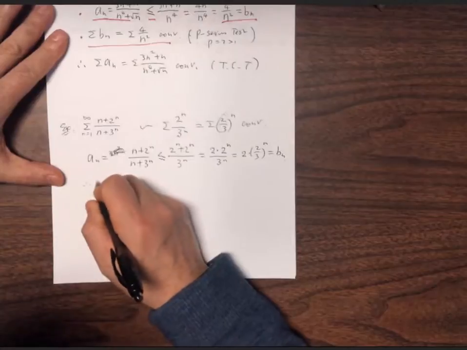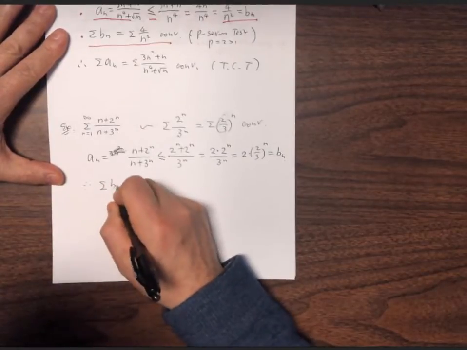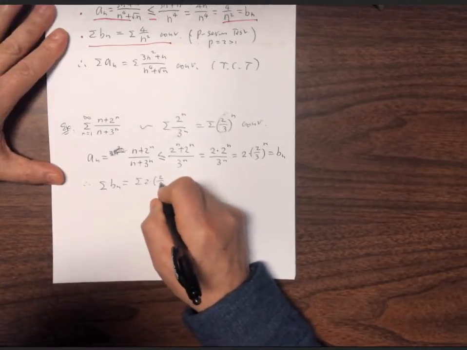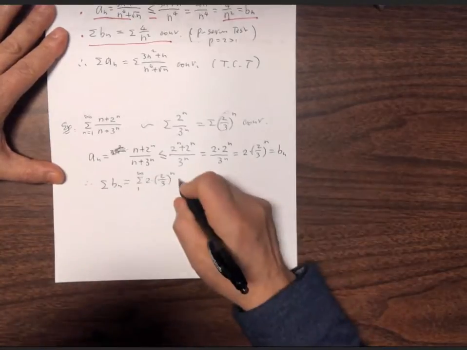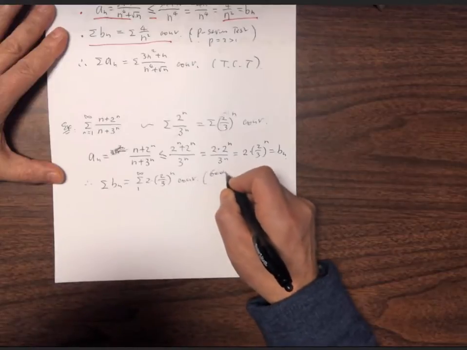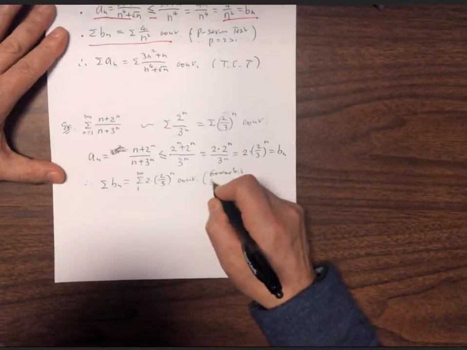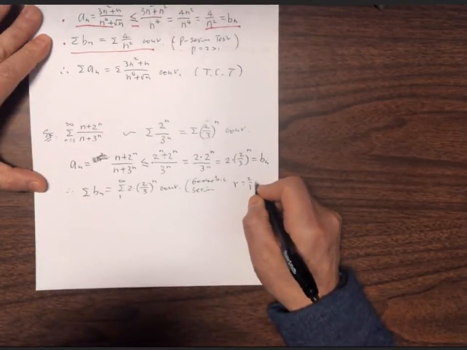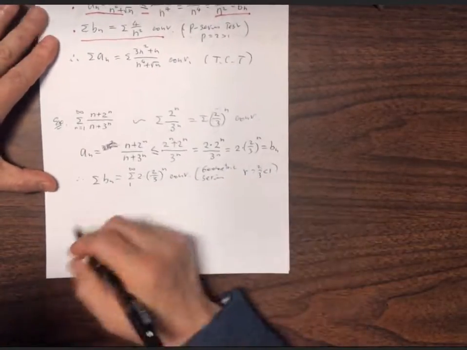So again, we say sigma Bn now is sigma 2 times (2 over 3) to the n power, n from 1 to infinity. This converges. It's a geometric series. R is 2 over 3, less than 1. That's how we know this converges.